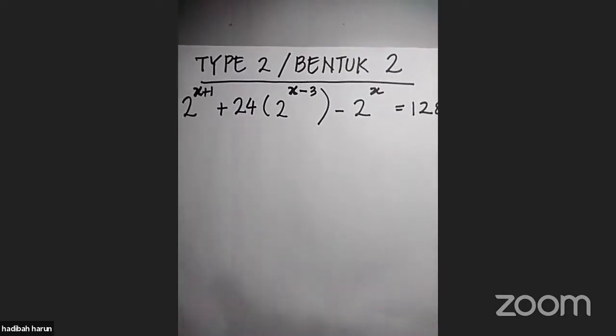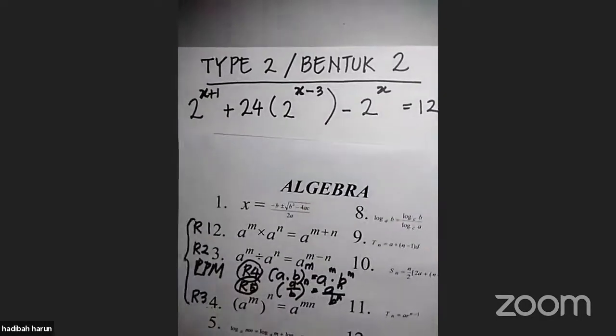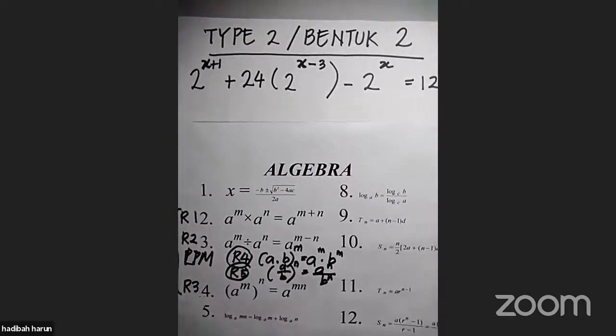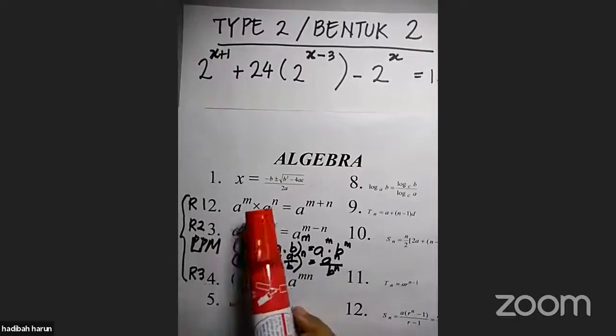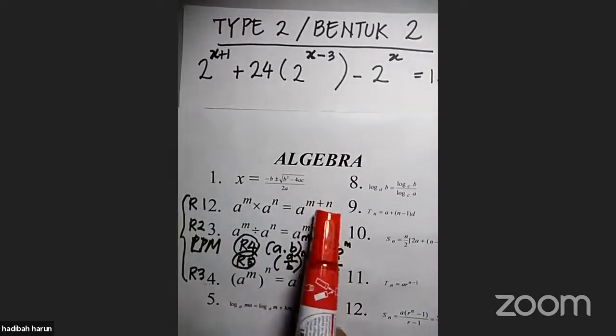The only method to solve this type 2 equations is still by using your formula. Dengan menggunakan formula yang sama juga yang diberi oleh lembaga peperiksaan. Tapi bukan dari kiri ke kanan, tapi daripada kanan ke kiri.